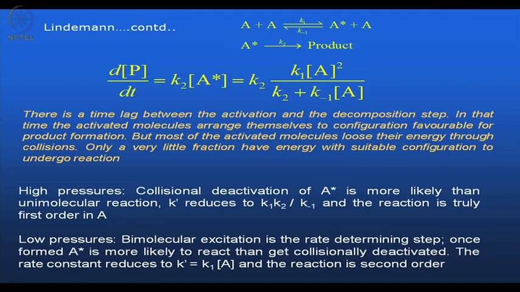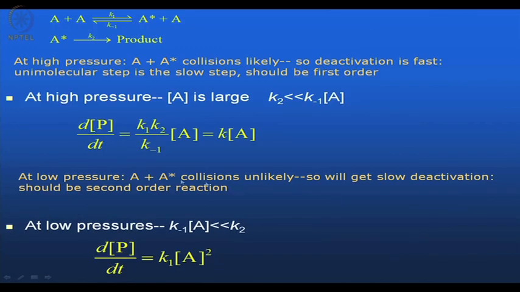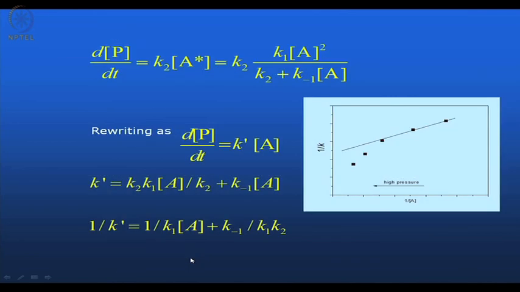In the high pressure regime, this expression becomes first order with respect to the concentration of A, and in the low pressure regime it becomes second order with respect to the concentration of A. And there is a test that if you plot 1/K versus 1/A, you get a linear dependence up to a certain concentration or pressure region, but beyond that, in the high pressure region, it deviates substantially from linearity.